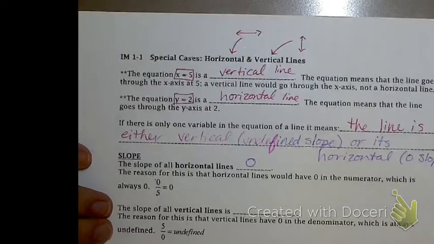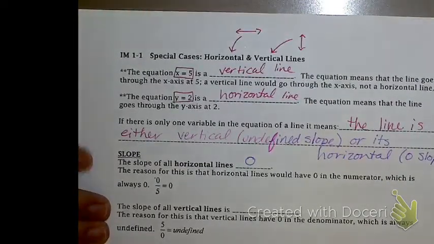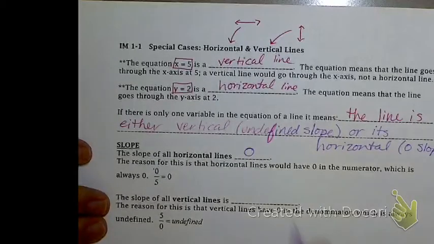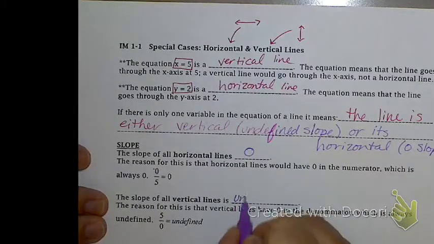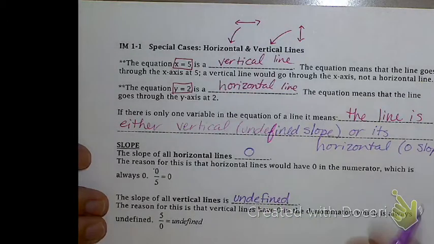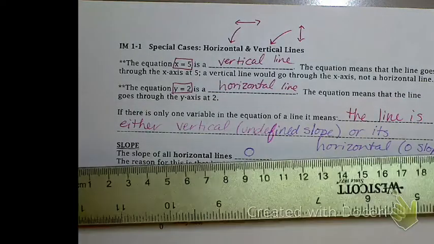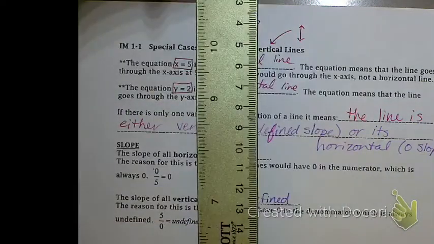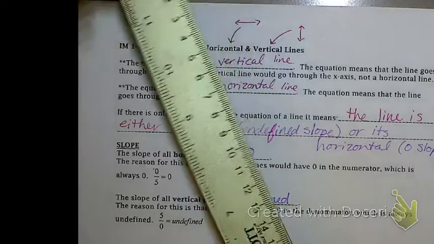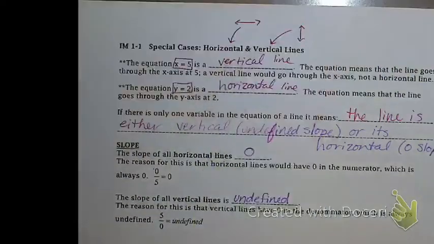And we don't really count it as that. We just recognize it as horizontal or vertical. The slope of all vertical lines is undefined. So, line like this, 0. Line like this, undefined. Every other line has a number that you can write as a rise over run. Okay? So we're only talking about 2 cases, vertical and horizontal.